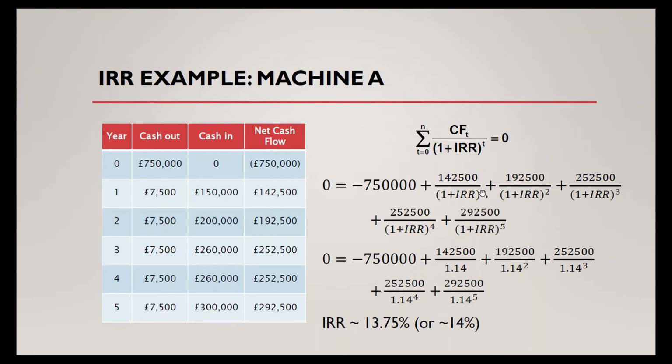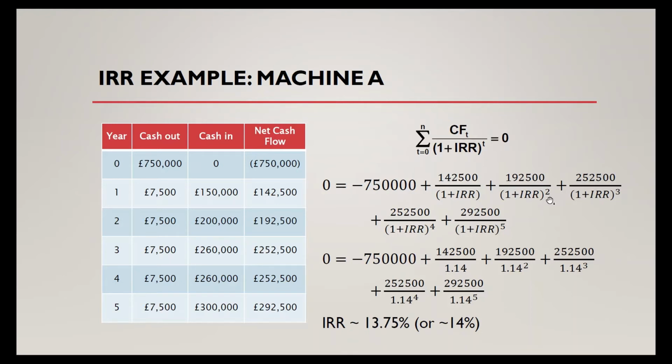And for the second year, this is going to be the 192.5 thousand of net cash flow, and then divide this by 1 plus the IRR and raise to the second power because this is the second year.